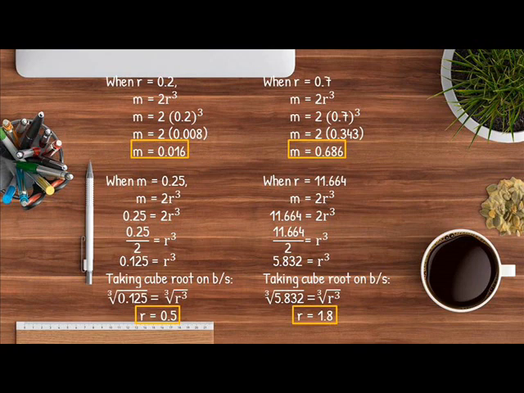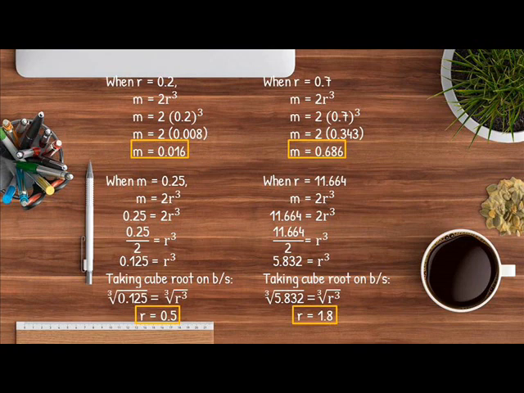Now let us find the values of r when the values of m are given. Well, m is given as 0.25 and 11.664. We will simply put the value of m into the equation. The equation becomes 0.25 equals 2r cube. As we are required to find the value of r, we will isolate r by transposing 2 to the left hand side. As 2 is being multiplied over here, it will be divided over there.